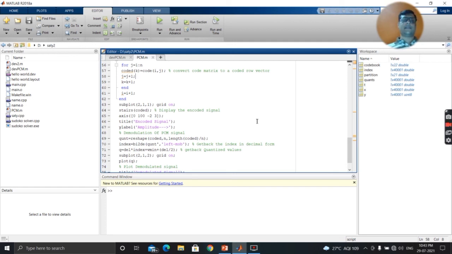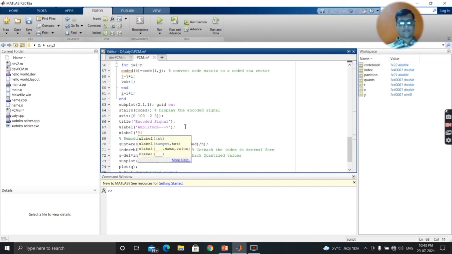Y level and X level are both identified. Here the Y level is amplitude, and the X level I can write as time.